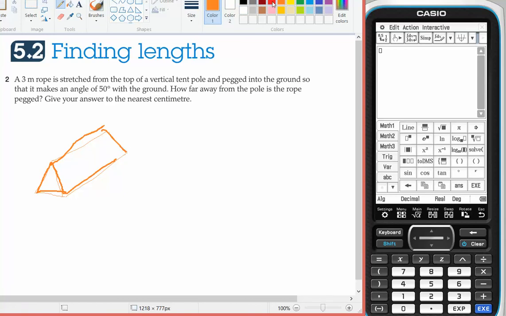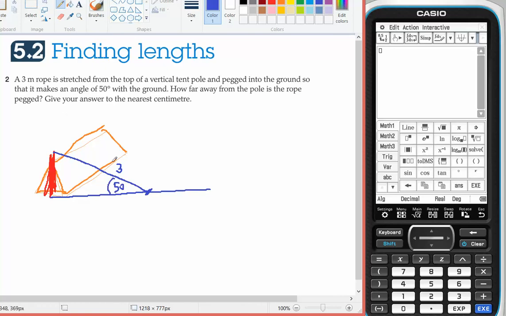So let's say this is my vertical pole. There's my vertical pole holding the tent up. And attached to the vertical pole I have a rope that's attached to the ground. And it's a 3 metre long rope, and the rope makes with the ground an angle of 50 degrees.